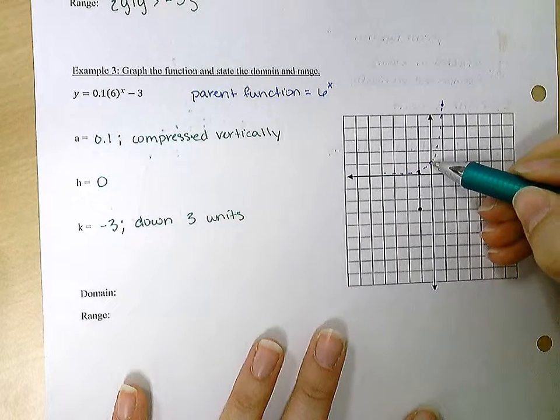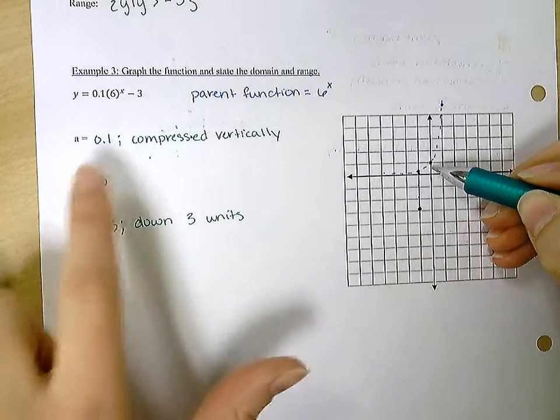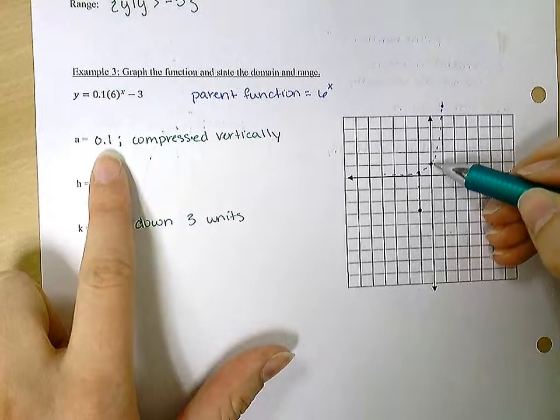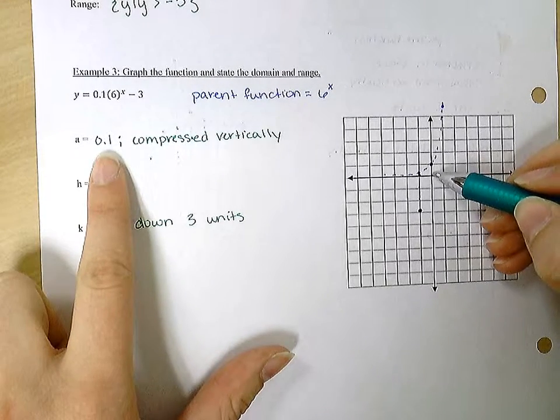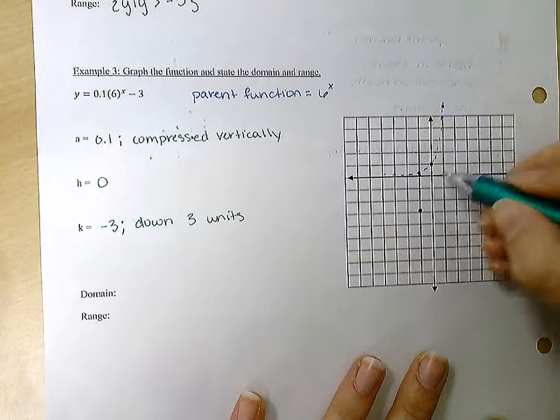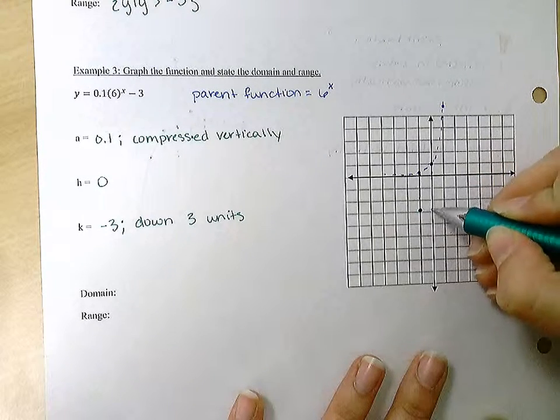Okay, I want to do the same thing with 1. This 1 value from my parent function, I'm going to multiply by 0.1. So if I multiply 1 and 0.1, you get 0.1. Then I need to take that value and move it down 3 units. So 1, 2, 3.